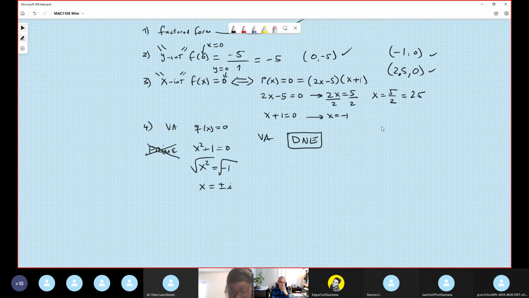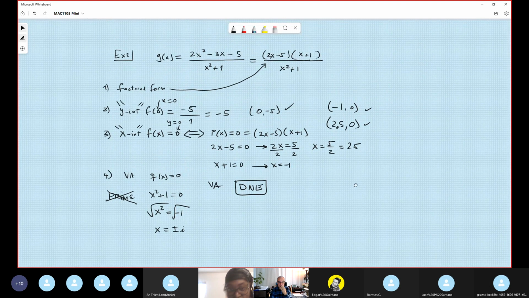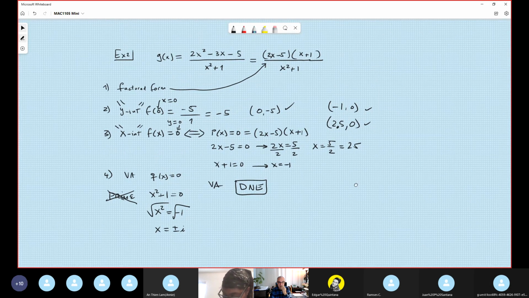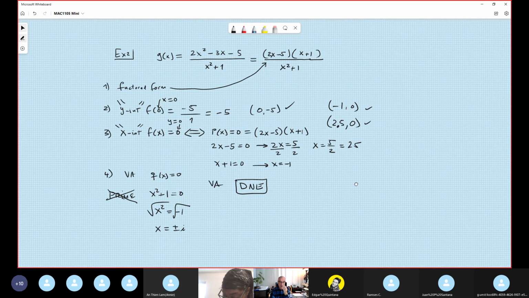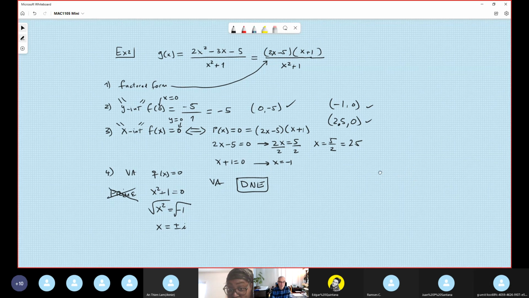If the zero of the polynomial in the bottom is complex or imaginary, then we have no vertical asymptote.